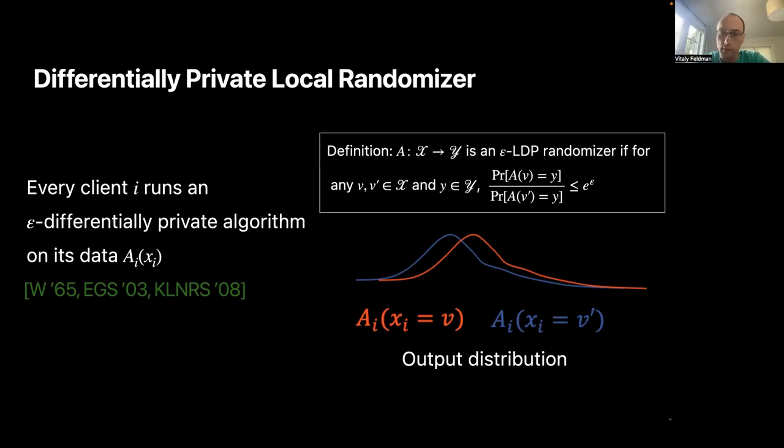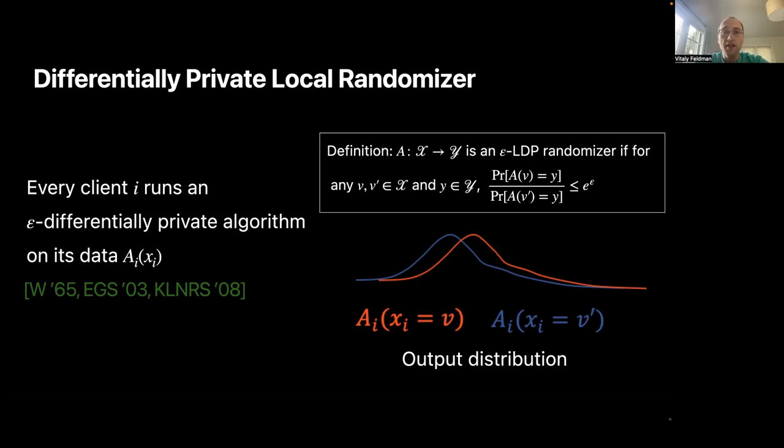Informally, it looks something like this. The ratio of the densities is always upper bounded by e to the epsilon, where epsilon is what measures the privacy. Informally, you can think of it as epsilon measuring our ability to distinguish between these two possible inputs of the users based on an observation y.